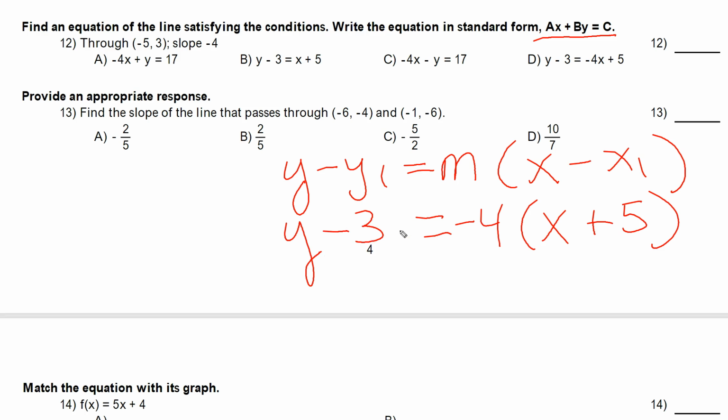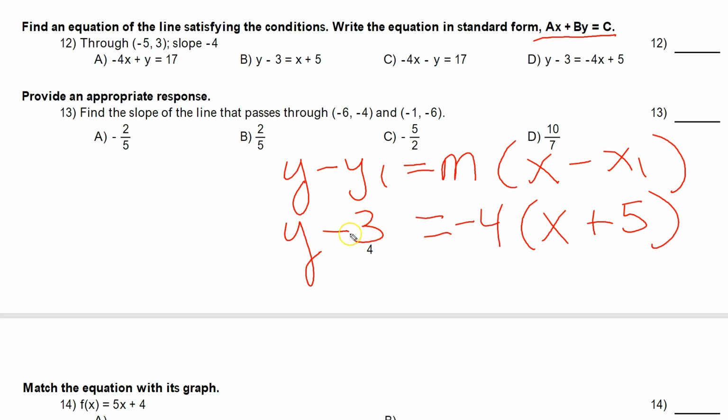Now, keep in mind, sometimes they might ask you, looking at this equation, what is the slope and what are your x and y coordinates? Well, remember, when it's in point slope form, it's the opposite of this. So here it's a positive 5, but it was actually a negative 5 up here.